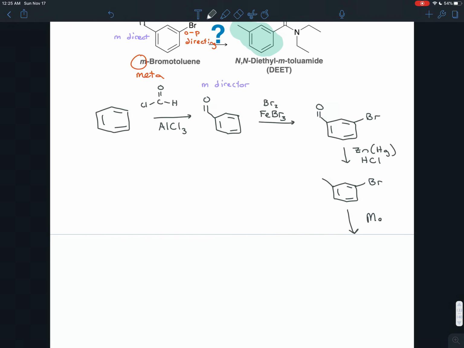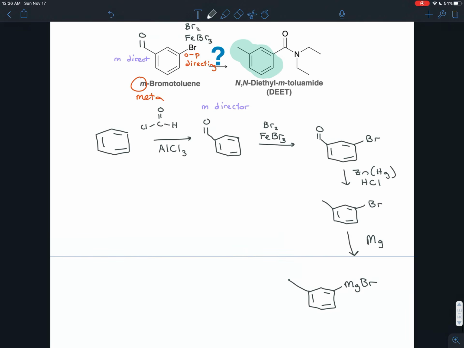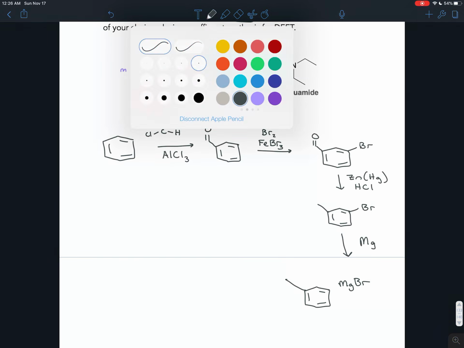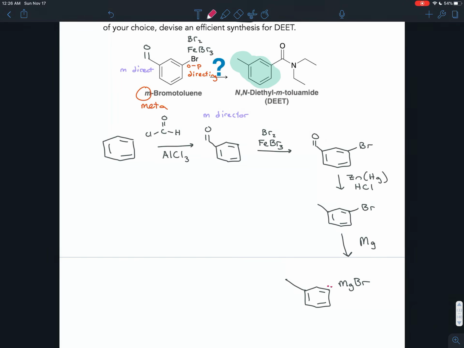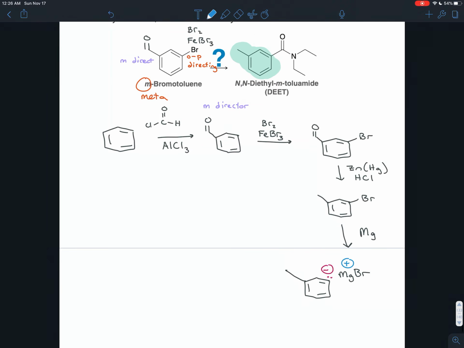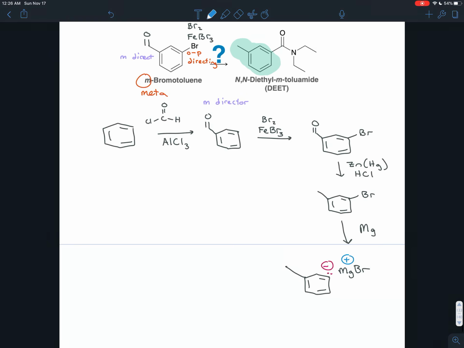Why not dunk some magnesium in there, and then we'll have this Grignard. That Grignard is really a carbon nucleophile. Effectively, you have a lone pair there and a negative charge, with a positive charge on the magnesium that's stabilizing it.